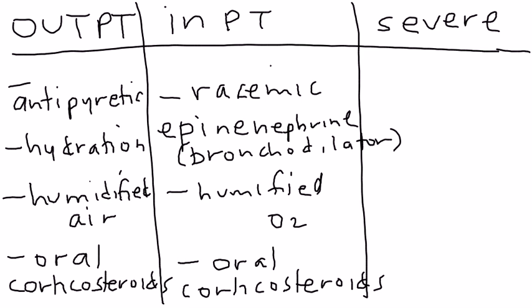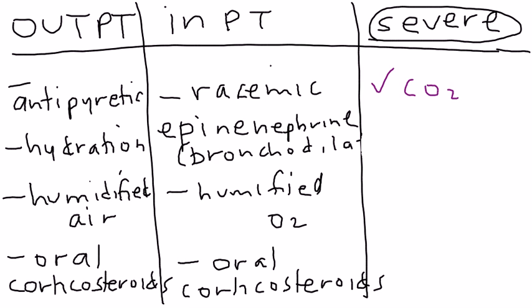Now, in the severe cases, most severe cases, where the child has increasing respiratory distress, fatigue, that I talked about, you really need to make sure that you check the CO2 levels. And if the arterial CO2 level is greater than 45, then that means the child is indeed getting very tired and just having a very difficult time expelling the CO2.